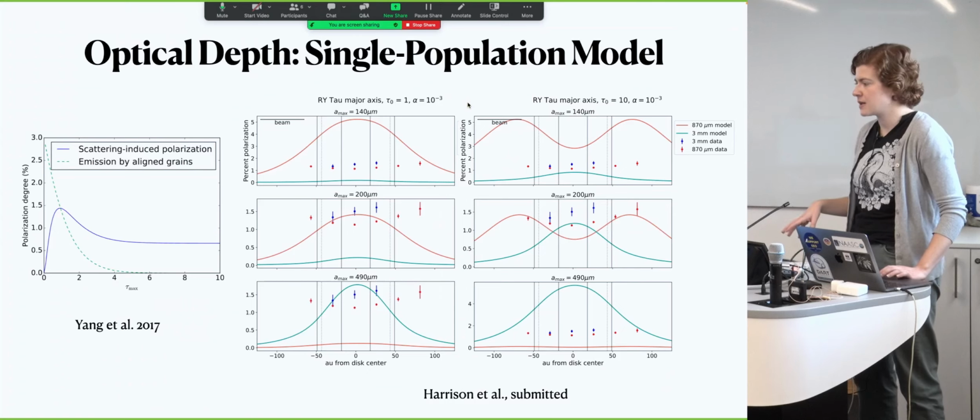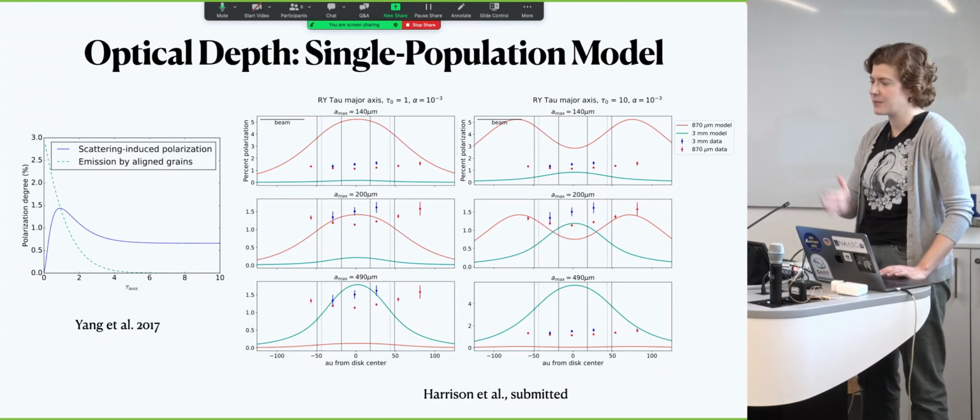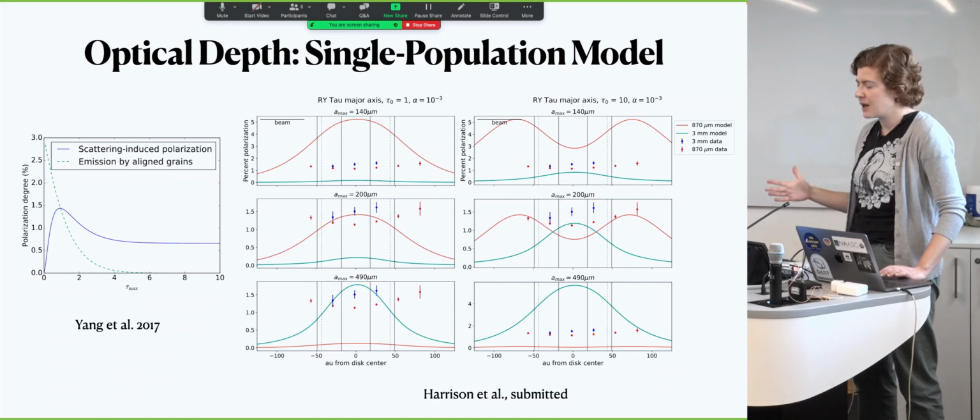So with this modeling and with these observations, we're not able to pin down an exact definitive dust grain population because basically we're missing information from the intermediate wavelengths between 3 millimeters and 870 microns, but we can rule out some dust populations.